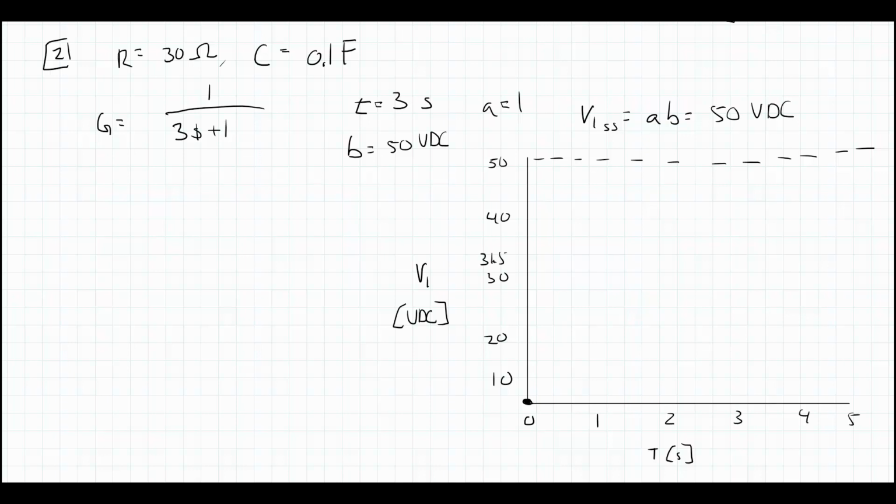So if we take this over to 3 seconds, right about here, that's at 3 seconds when our system passes through the 31.5 volts DC. And making a sketch that passes through these 2 points, and then asymptotically approaches, running out of space here, but again, it's going to asymptotically approach from below our 50 volts DC.